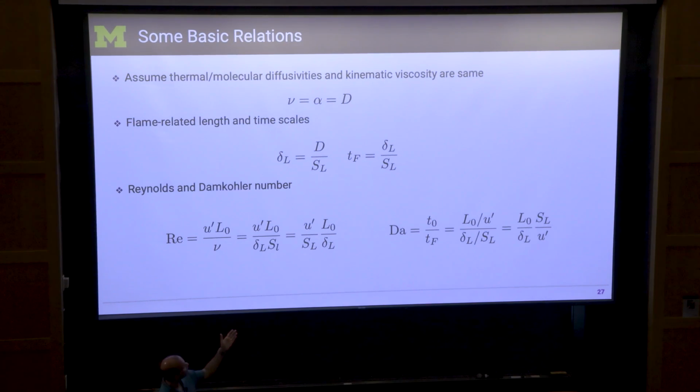So you can take this Damkohler number, do the same kind of math, right? And you'll come up with something that looks like this. It looks very similar to this, but it's deceptive, right? So that's U prime over SL for Reynolds number. For Damkohler number, it's SL over U prime, right? So it's a little different.